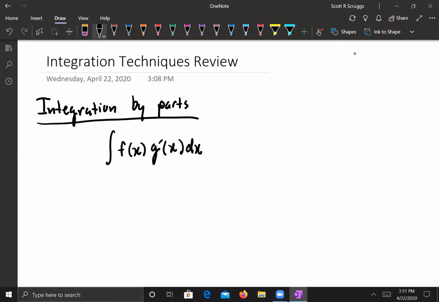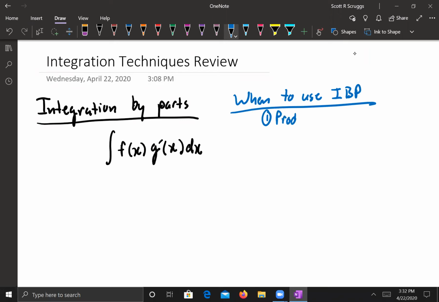And the idea of what this formula is saying is when to use integration by parts: if you have a product of two functions and one is easy to take the derivative of and the other function is easy to take the antiderivative of. So when to use integration by parts?